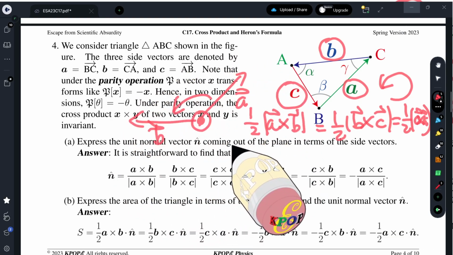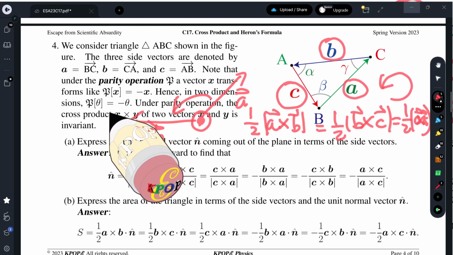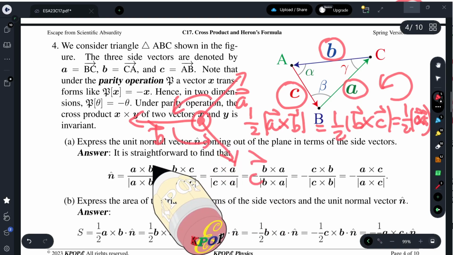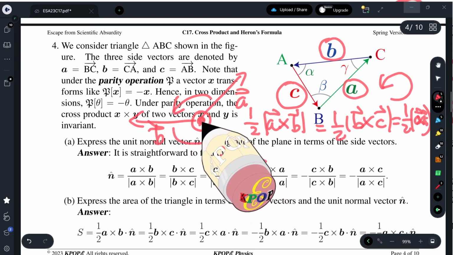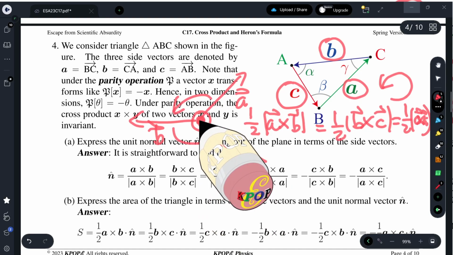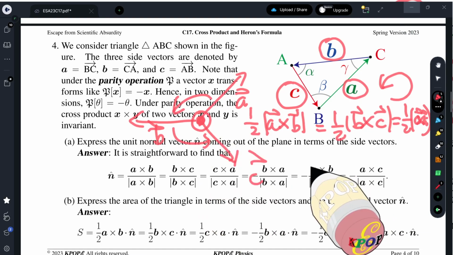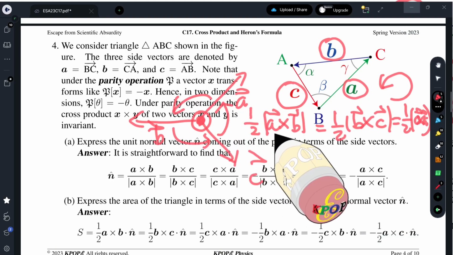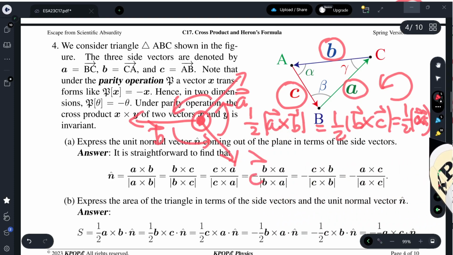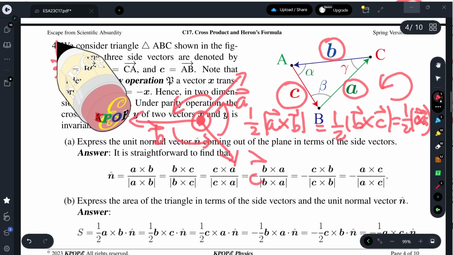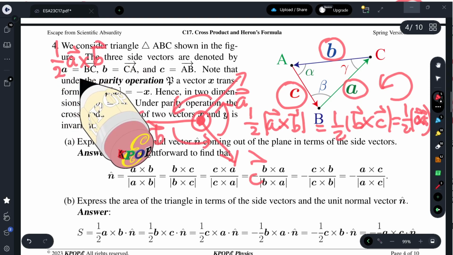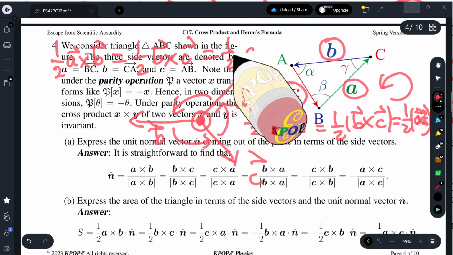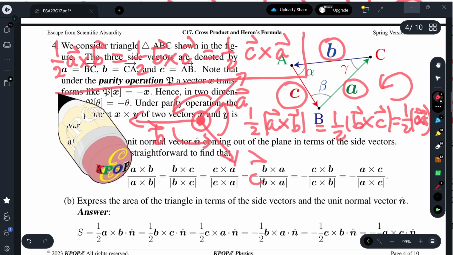In a similar manner, B cross C, this cross product has also the same direction, coming out of the plane, and C cross A again. Therefore, as well as the magnitudes being the same, the vectors A cross B, B cross C, and C cross A are exactly the same.